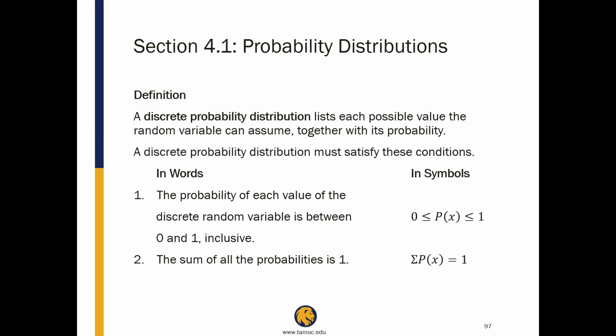This also goes back to our fundamental ideas of probability, where there is a 100% chance that something in the set of possible outcomes will occur. So all the probabilities need to add up to 100% or 1 for that to make sense. So those are the criteria we'll have for our probability distribution.